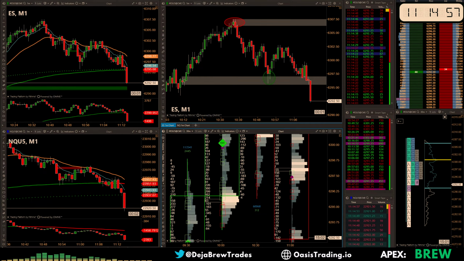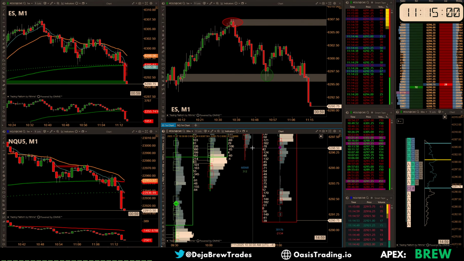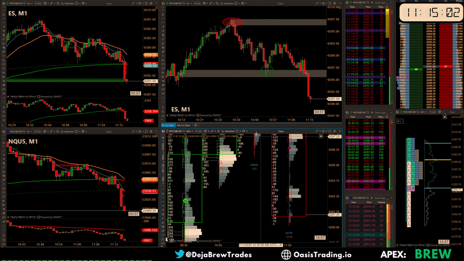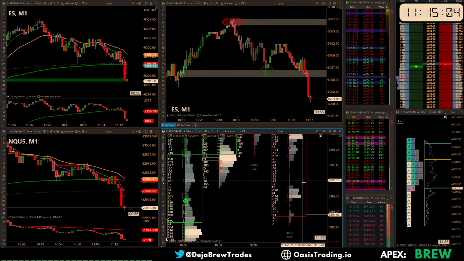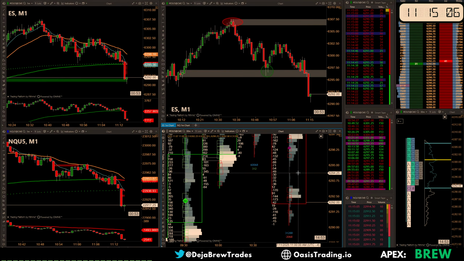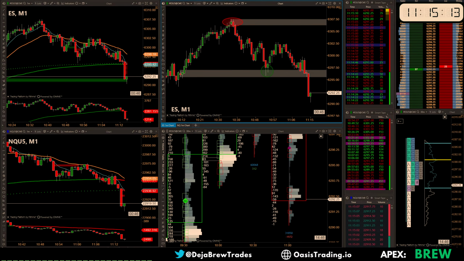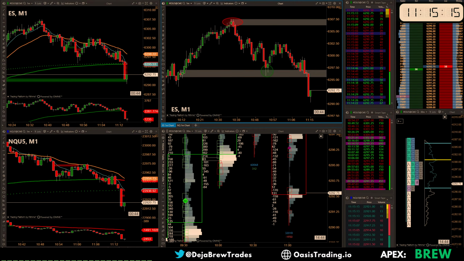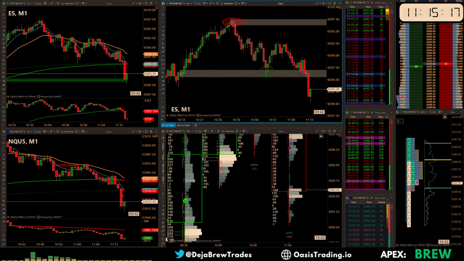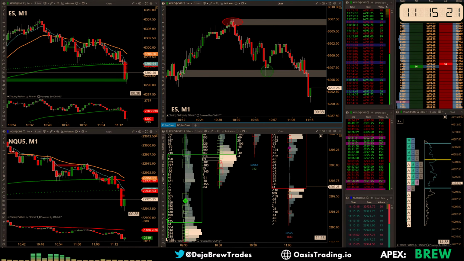So the market agrees with me. Unfortunately, the Bulldog has been invalidated. So Bulldog has failed. Any buys off of VWAP have failed.